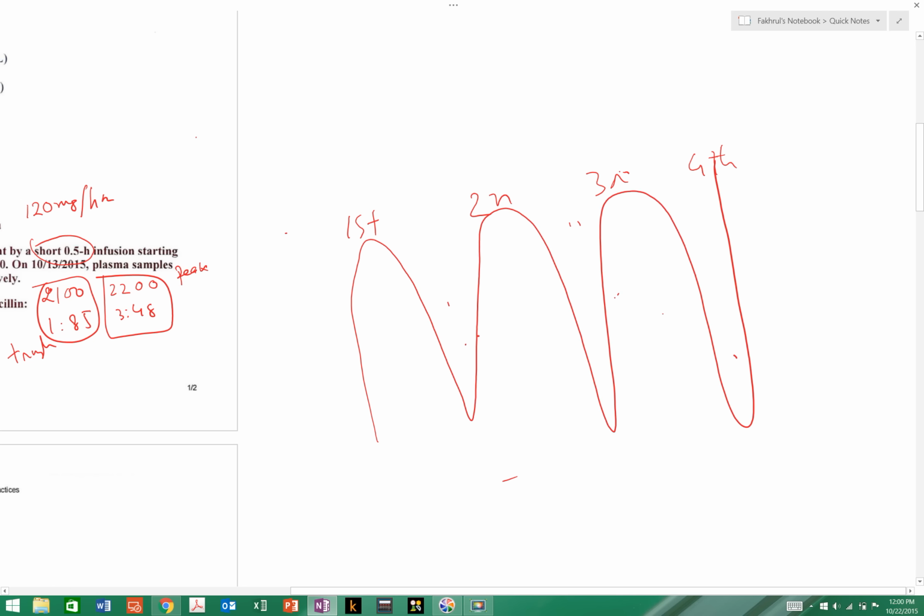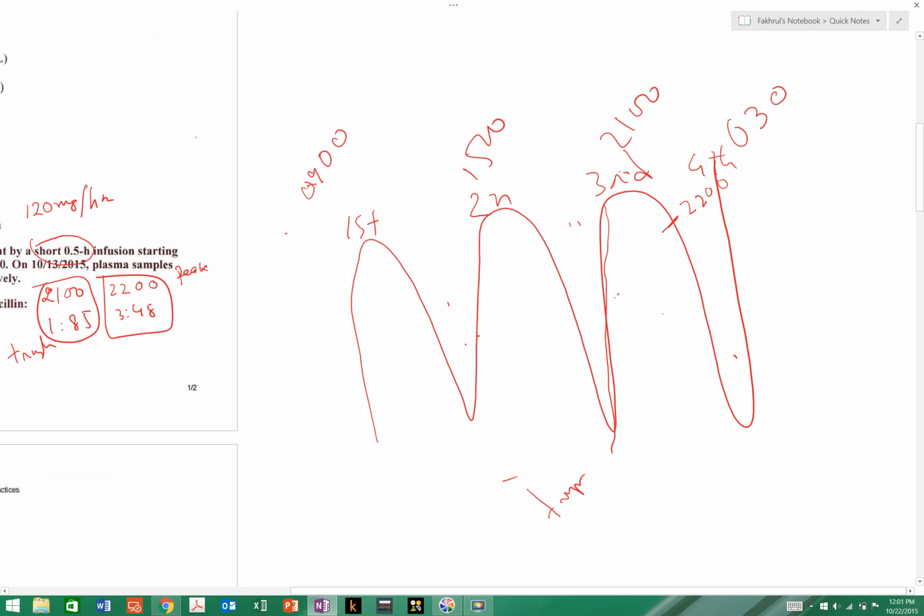Here your time starts at 0900, 1500, 2100, and then here you have 0300 hour. So this is your third dose, where the trough sample was taken, and your peak sample was taken here at 2200.